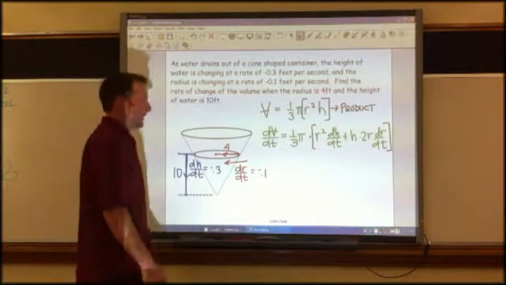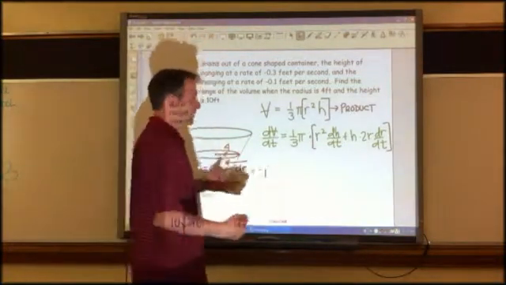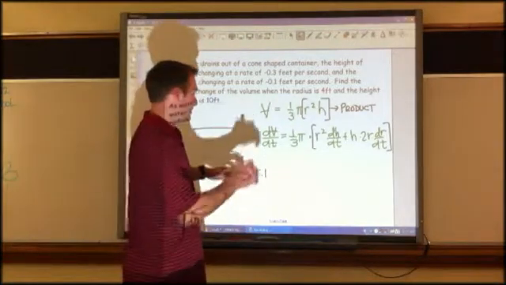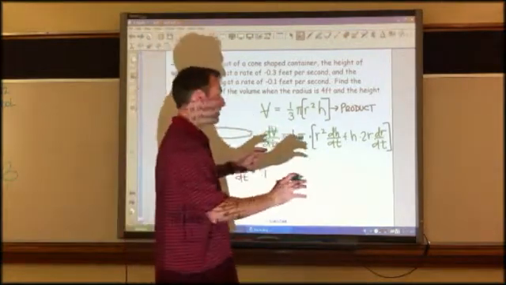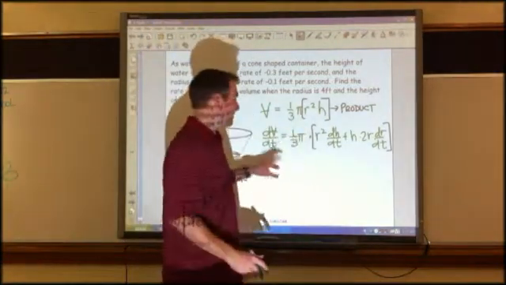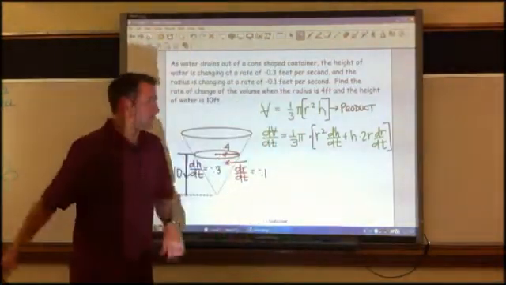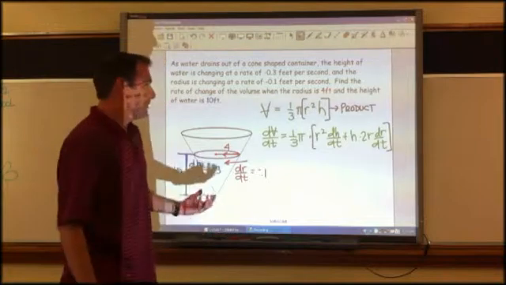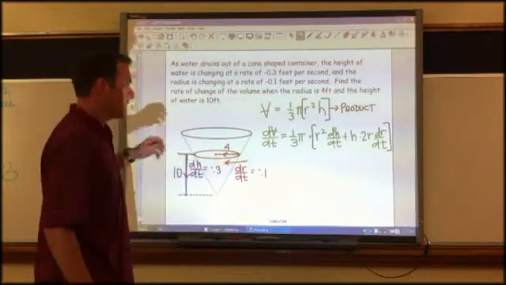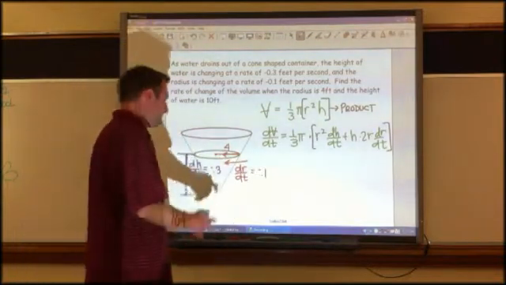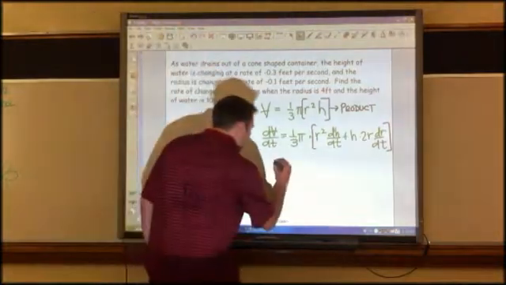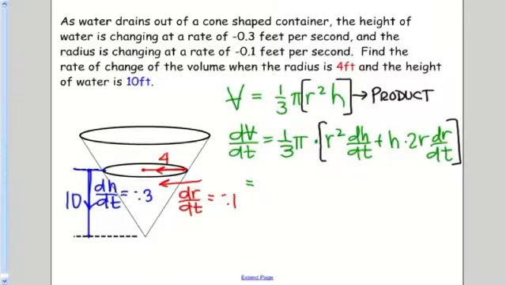And at this point, this problem just looks so complicated, and you got stuff everywhere. But if we stop and think about this, I know every one of these values now. They're all listed over here in this part. So I don't even really need to simplify anything. I can just start plugging in right now if I want. So if I did that, dV/dt is going to be 1/3 pi still.